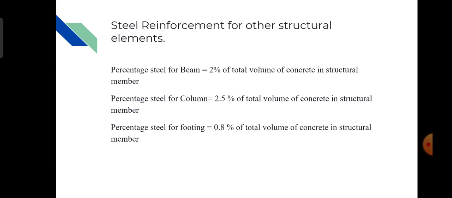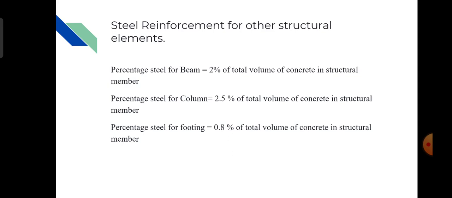Next is the column. When you take up the thumb rule for the column, the percentage reinforcement for the column is considered to be 2.5% of total volume of concrete in structural member, and minimum steel required is 0.8% as in case of footing.